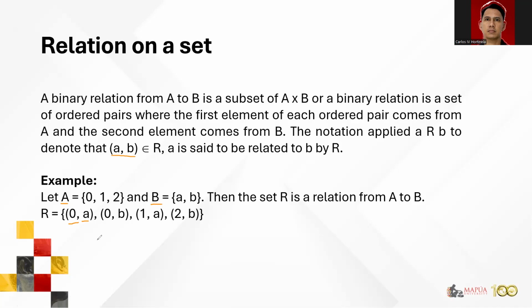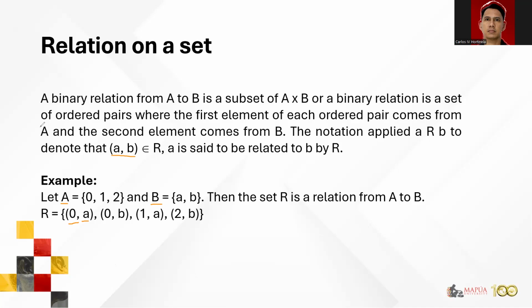Follow? Okay. You might be inquiring right now, sir, isn't it possible to create 1, comma b in this relation set? Yes. Sir, isn't it also possible to create the ordered pair 2, comma a in this relation set? Again, the answer there is yes.